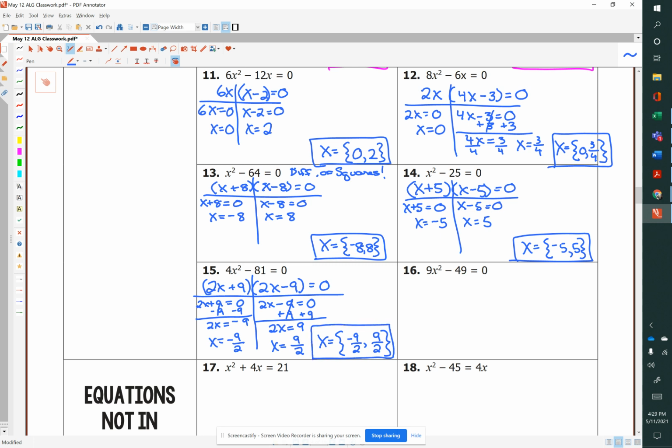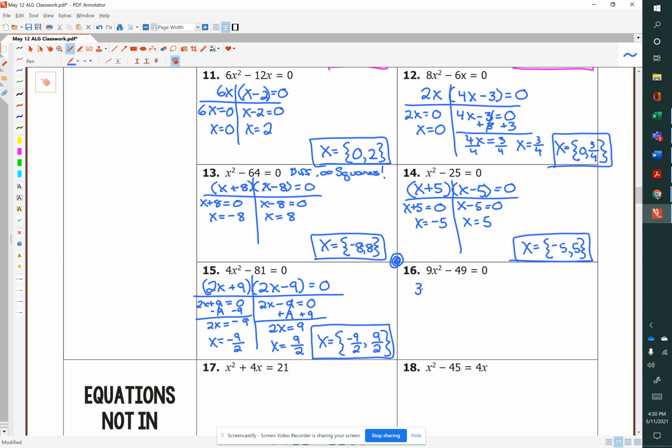And number 16, we can factor that to 3x plus and minus 7, difference of squares again. These four, 13, 14, 15, and 16, are all difference of squares.